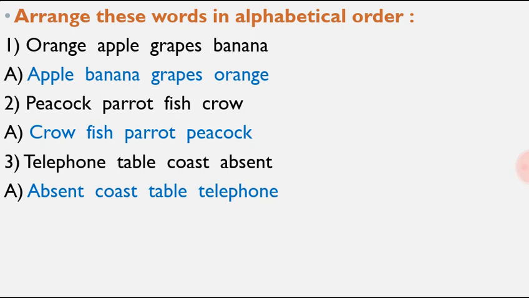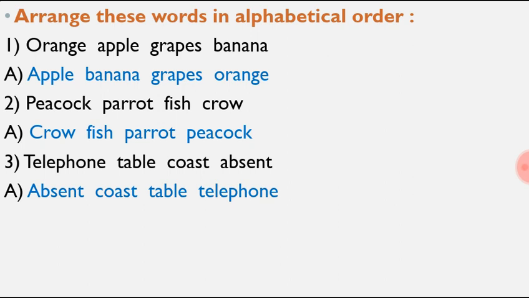So first would come crow, then after come fish. Then after we will write down parrot first, because the parrot and peacock start from the same letter, so we have to see their second letter. And in parrot spelling there is A. So A will come first. So we have written here parrot, and then after comes peacock.